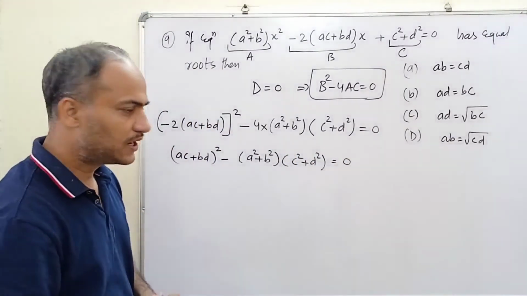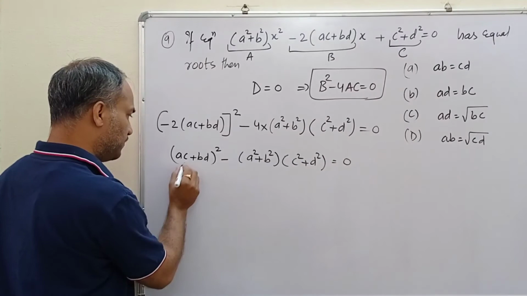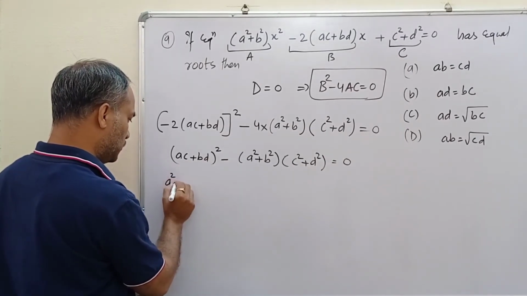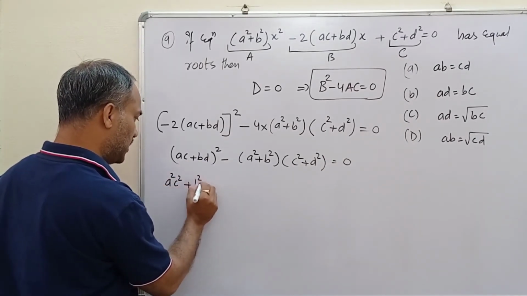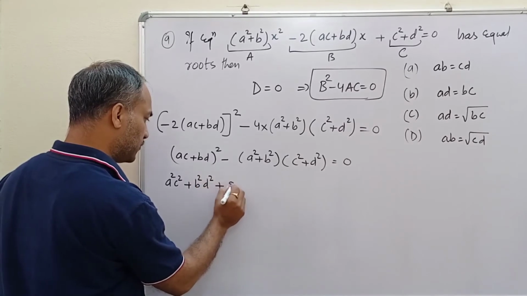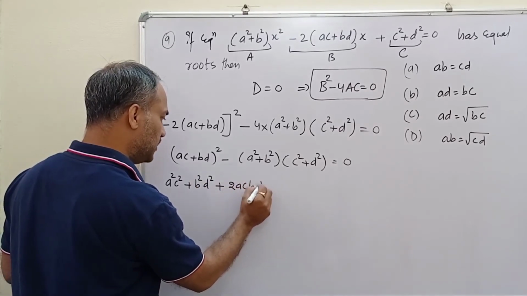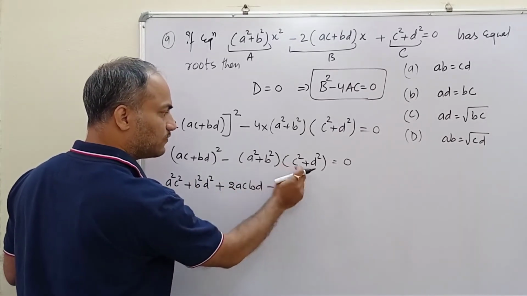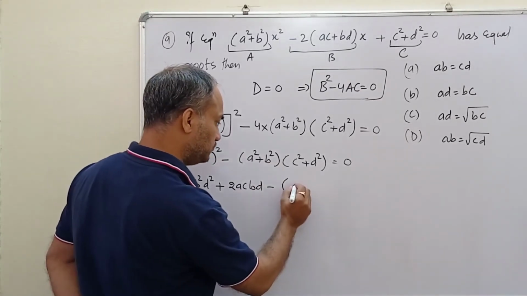Okay, now let us open the brackets. This is a plus b whole square. So we get the simple notation 2ac bd minus, here we have to multiply these terms.